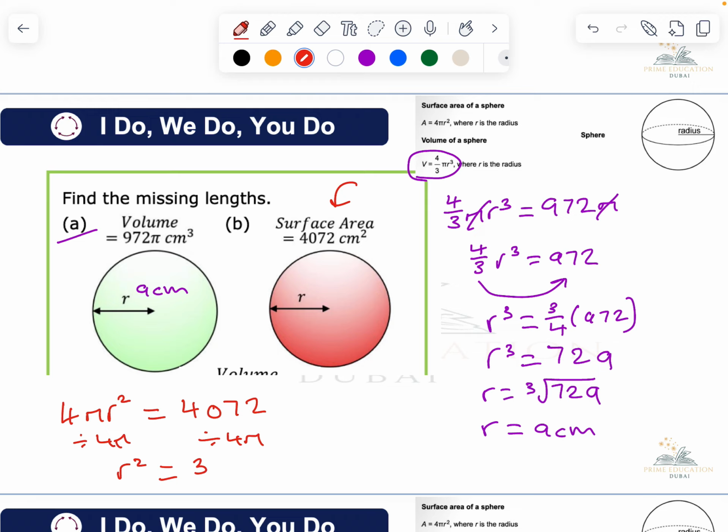That equals 324.04. And then we are just going to square root that, and that will get me r. The square root answer is 18 centimetres.